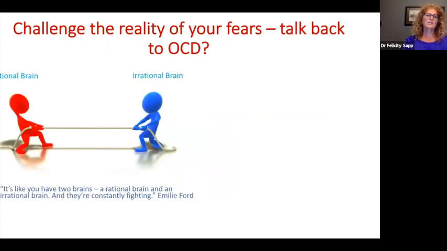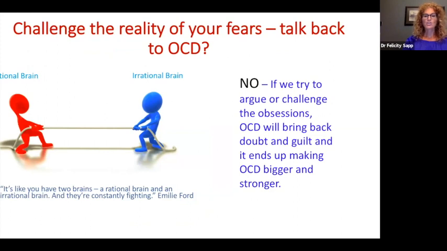What about challenging them? Let's be rational. Let's look at this irrational thought and talk back to it rationally. Well, if we try to argue or challenge the obsessions, all that OCD is going to do is bring back that doubt and guilt, and it's going to make it bigger and stronger. So what can we do?